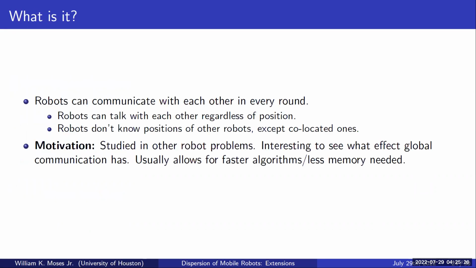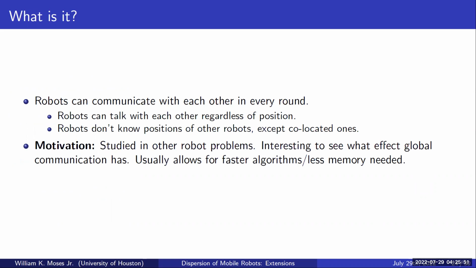So first of all, what is it? Well, robots can communicate with each other in every round. Previously, robots that were co-located could communicate. But if they were not co-located, in other words, if they were not occupying the same node in the same round, they couldn't communicate.